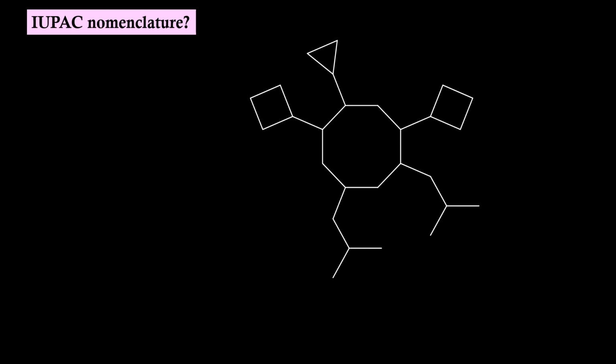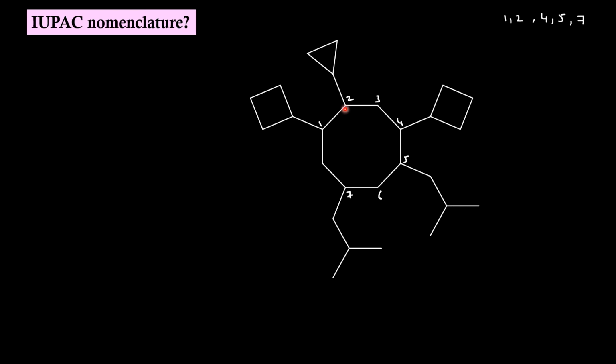Last example. In this molecule, since we have more carbon atoms in the ring, the ring will be the parent hydrocarbon. Let us try to number from this position. It will be 1, 2, 3, 4, 5, 6, 7. We have substituents at positions 1, 2, 4, 5 and 7.